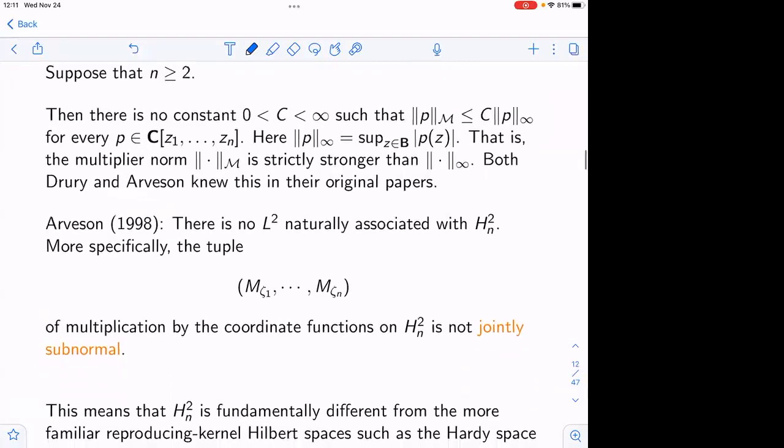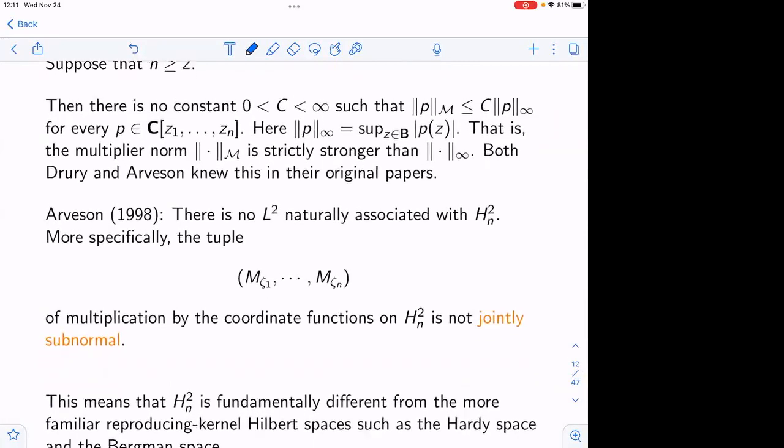In Arveson's 1998 paper, he showed that this tuple of multiplication by the coordinate functions on the space H2n is not jointly subnormal.